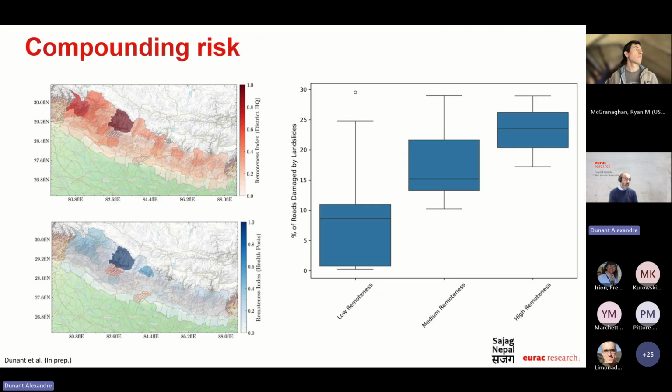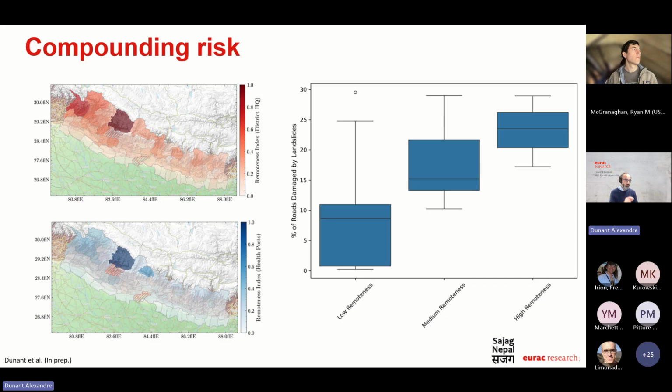Another thing that we looked at was a report from the World Bank that created the remoteness index for Nepal, and because we had the damage to the roads from our multi-hazard model, we thought, okay, let's compare how the remoteness compares with the potential for damage on the roads.